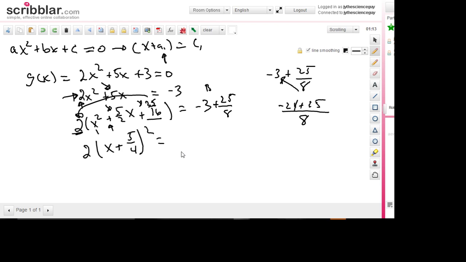So what's 24 minus 25? Or negative 24? 1 over 8. So this would be 1/8. So this is your C value, and that is your A1 value.